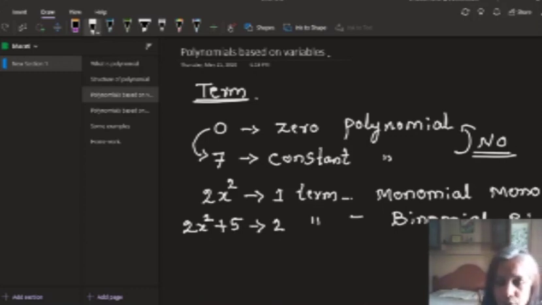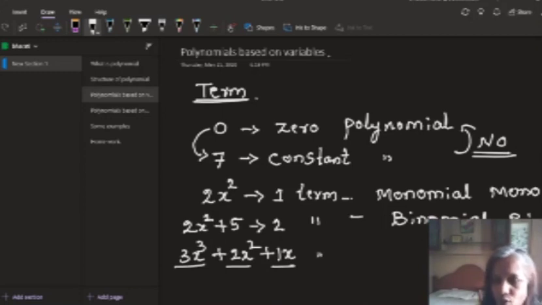Similarly, if you have three terms, say 3x cube, 2x square plus 1x. It has three terms, term number 1, term number 2, term number 3. Therefore we call it a trinomial. Tri means 3. In this way, the story continues.